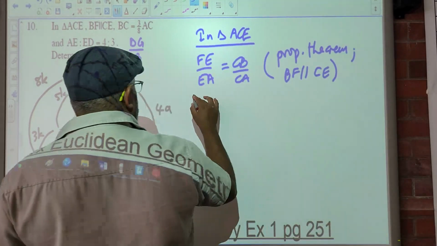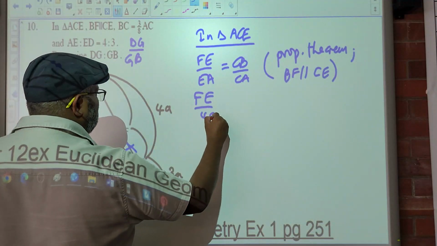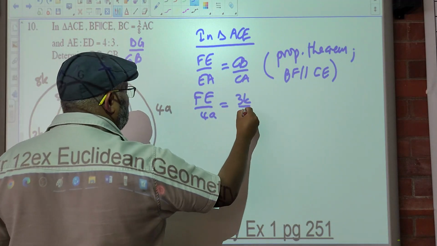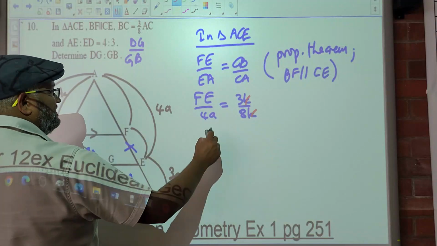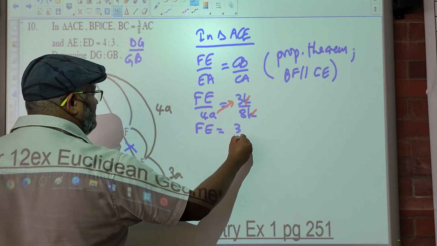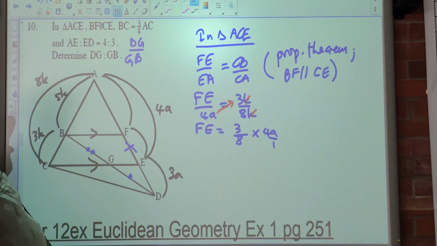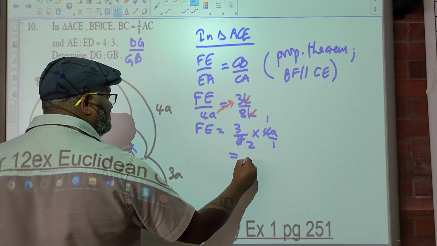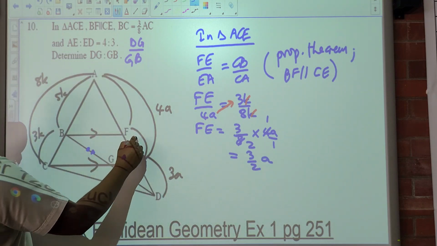So now we can work out FE. So FE over 4A is equal to 3k over 8k. The k's cancel, not so? They get 4A up. So FE is equal to 3 over 8 times 4A over 1. So 4 goes into 4 once, 4 goes into 8 twice. So it's going to be 3 over 2A.